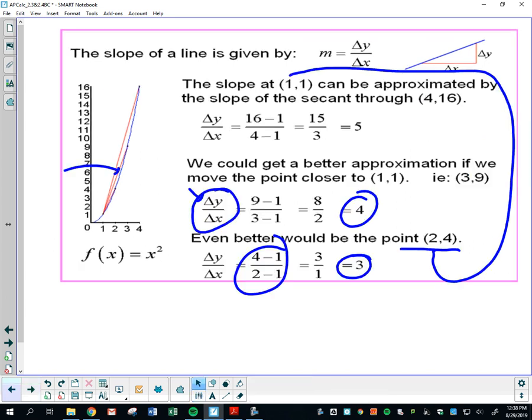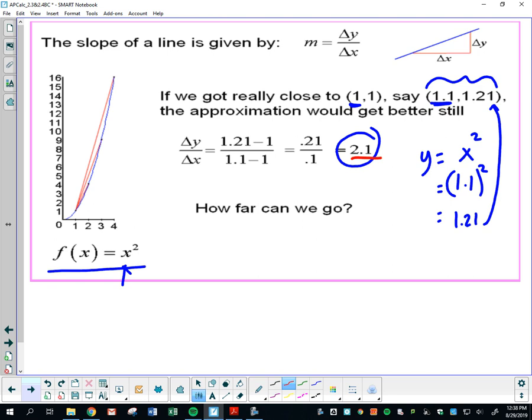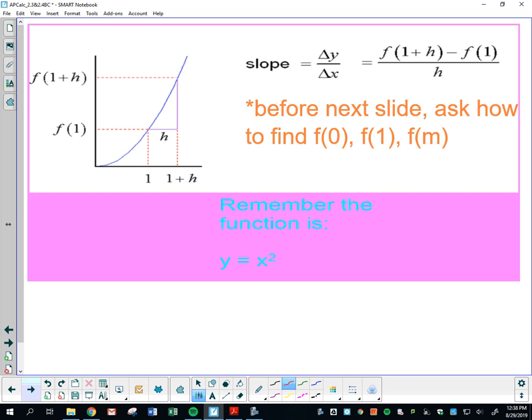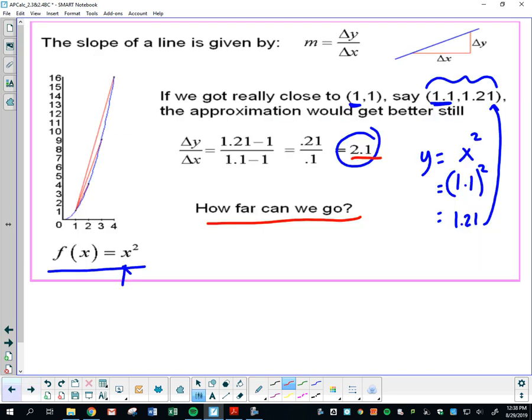If you look at the last slides, I started with a slope of 5. Then I went to 4. Then I went to 3. Then I went to 2.1. I wonder if I could go even farther or close that interval. And of course I could. This is the same slide again; I could go to 1.001.